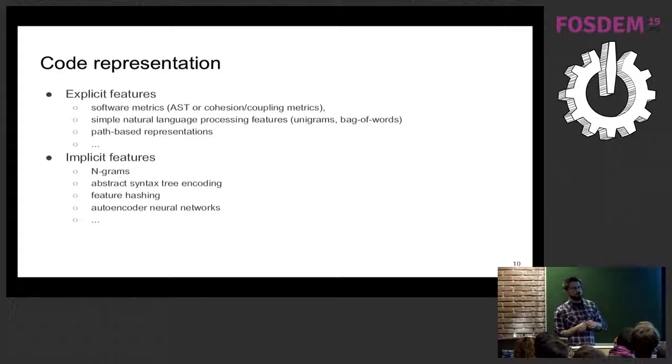Speaking about code representation, it's really a hot research topic right now. But basically, all these approaches fall into two categories. The first one are explicit features, basically software metrics like the height of the AST or cohesion coupling metrics, and some natural language processing features like bag of words or their derivatives.